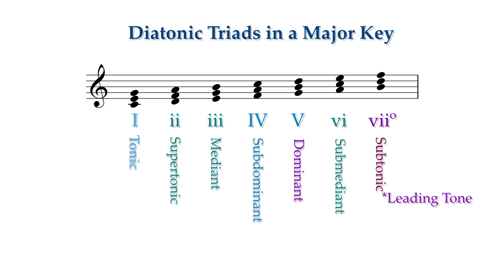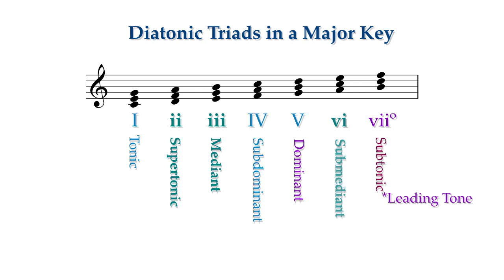In a major key, tonic, dominant, and subdominant are always major. Major triads have a major third and a perfect fifth.